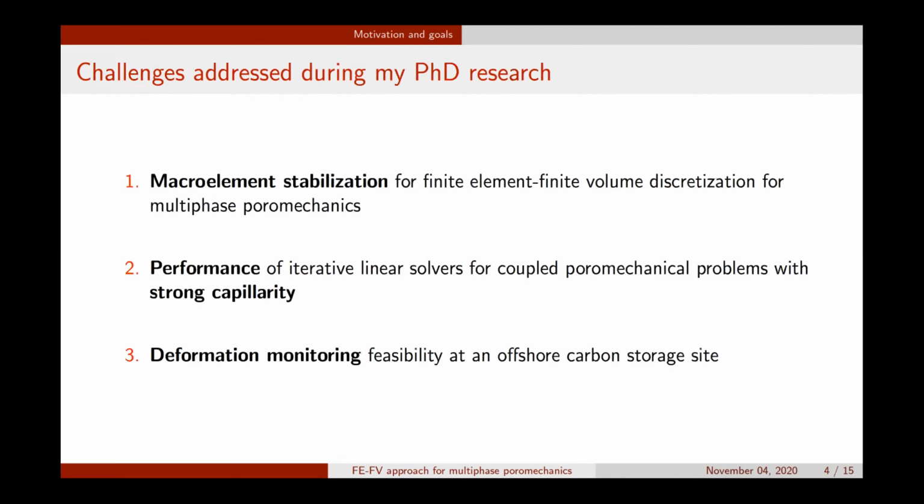Then I looked into the performance of iterative linear solvers and how to speed up our simulations. And finally, I've used the proposed numerical framework to study the deformation that would arise due to injection of fluids at an offshore carbon storage site. I'll show here the results for the first two parts.